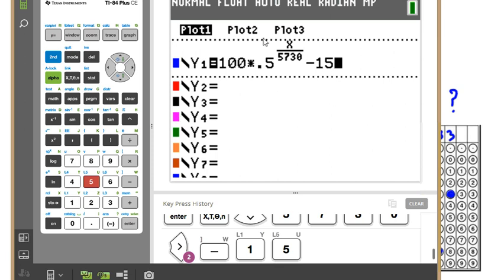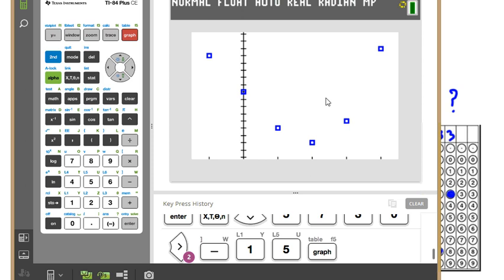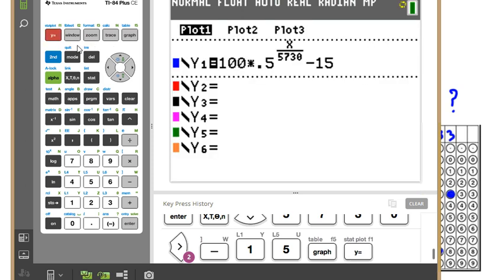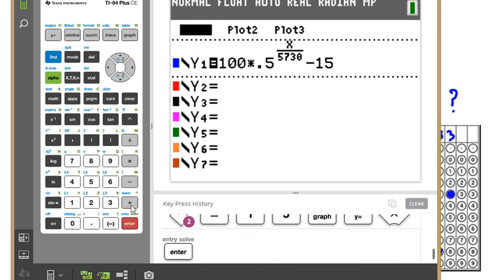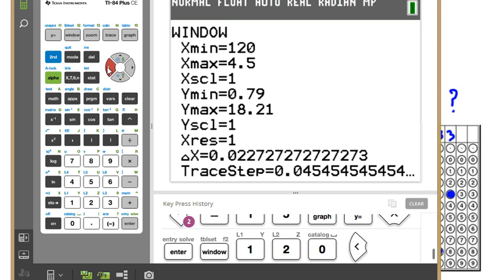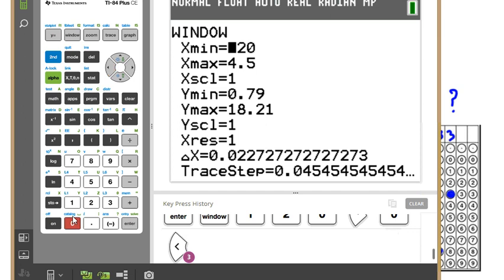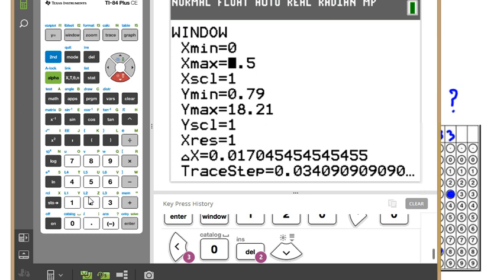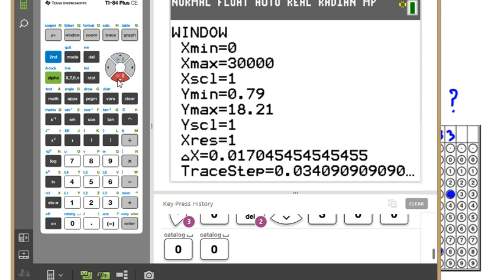And so we have this in the graph, and we don't see anything. We have to get the right window. I am going to get rid of this plot thing. In the window, we're going to start at 0 years, that's the time, and go up to 30,000 years, going by thousands.